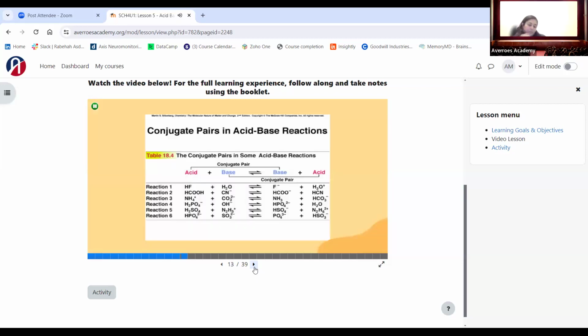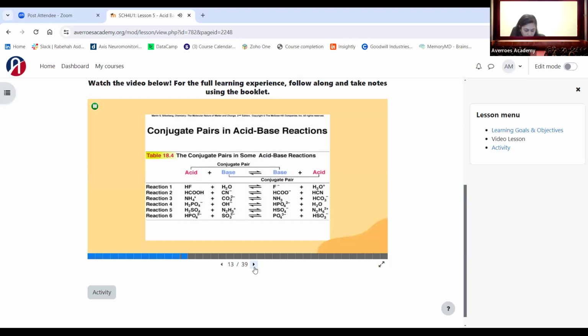And here's the table showing conjugate pairs in different common acid-base reactions. So there are 6 different reactions listed here, and they just help you identify which one is the acid. The acid is listed first in all of those reactions, followed by the base. And then you have the conjugate base and then the conjugate acid.